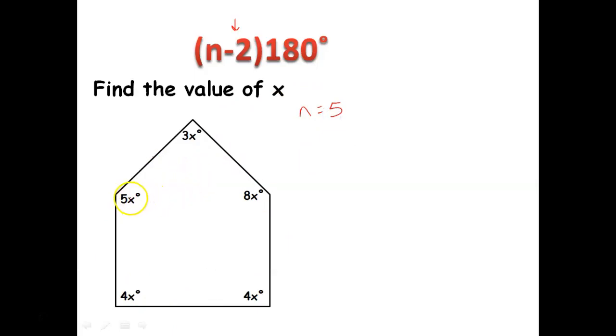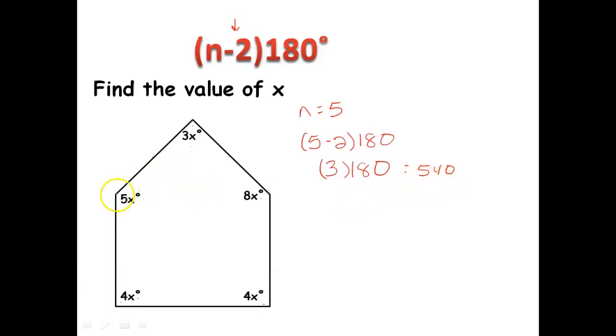So I know that all 5 of these angles will have to add up to equal 5 minus 2 times 180. 5 minus 2 is 3. 3 times 180 is 540. So all 5 of these angles will add to equal 540.